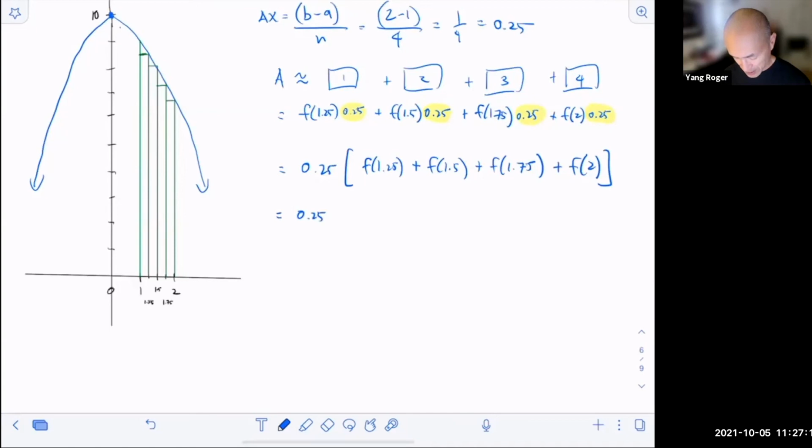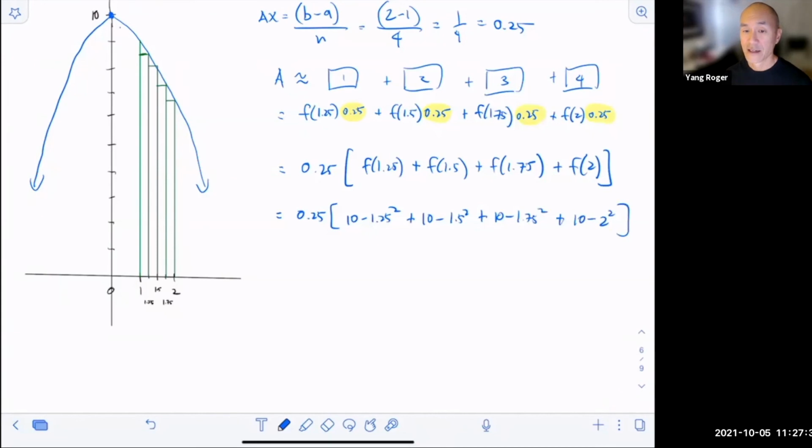This is 0.25 times 10 minus 1.25 squared plus 10 minus 1.5 squared plus 10 minus 1.75 squared plus 10 minus 2 squared. And when you stick all that into your calculator, you're going to get 7.28125 units squared. Okay.